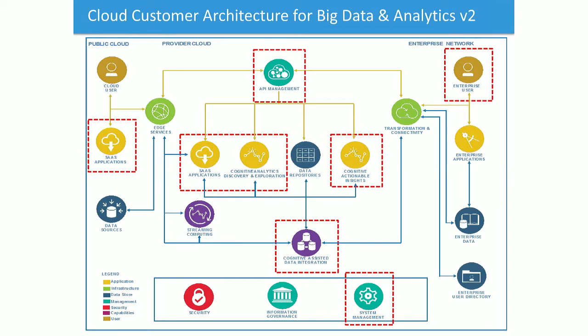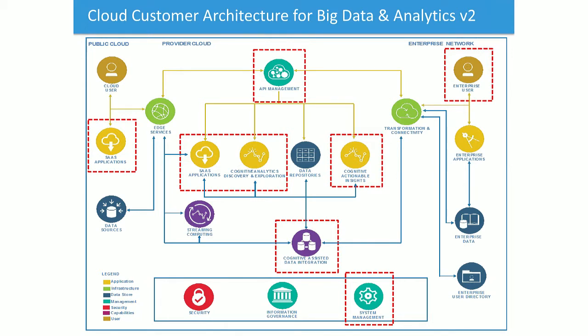This is mainly for data access, so for providing access to data from the data repositories, so that the data scientists, business analysts, and data engineers are able to crawl through the data and use it to do the analytics as needed. Okay? So API management provides a secured way to access the data from the data repositories in the system of insight.